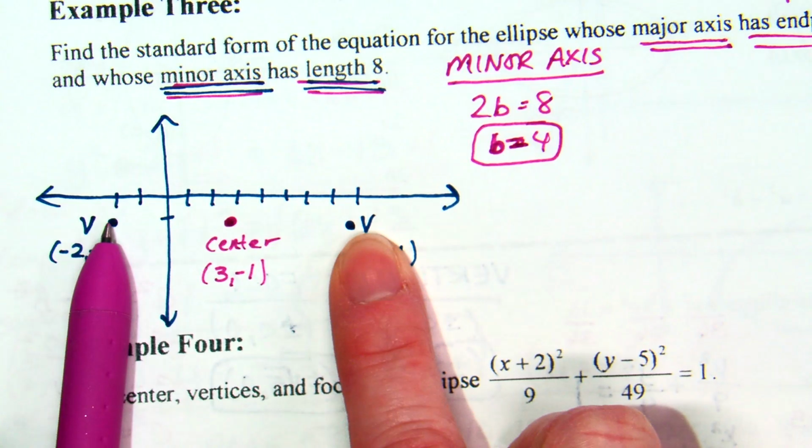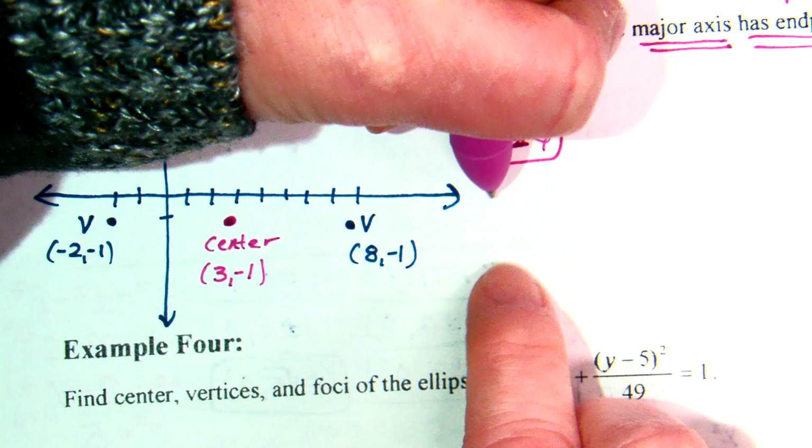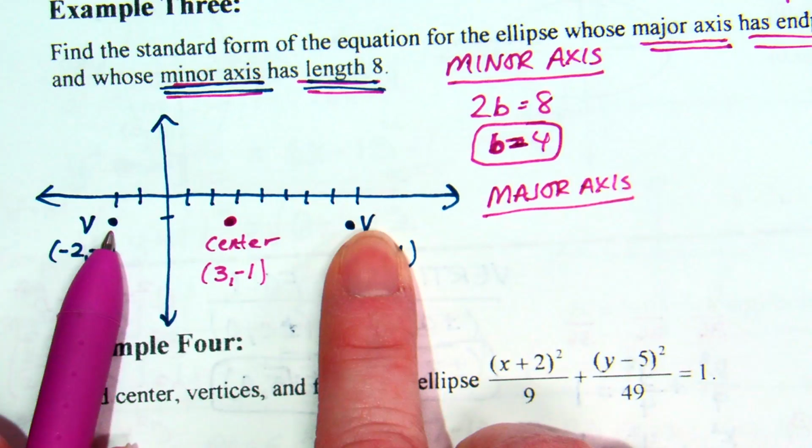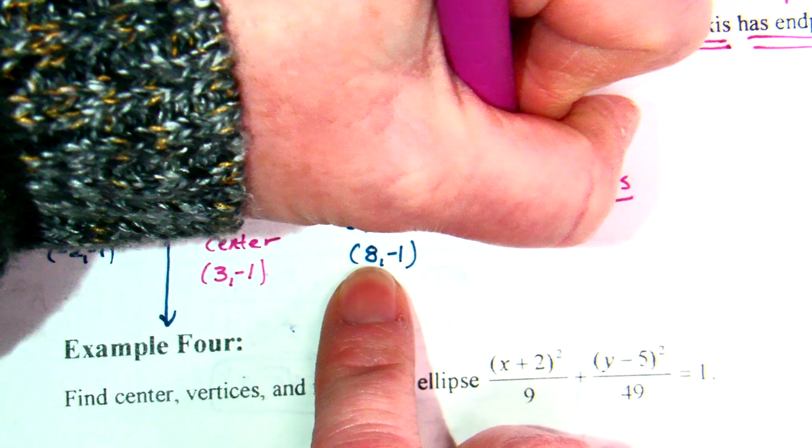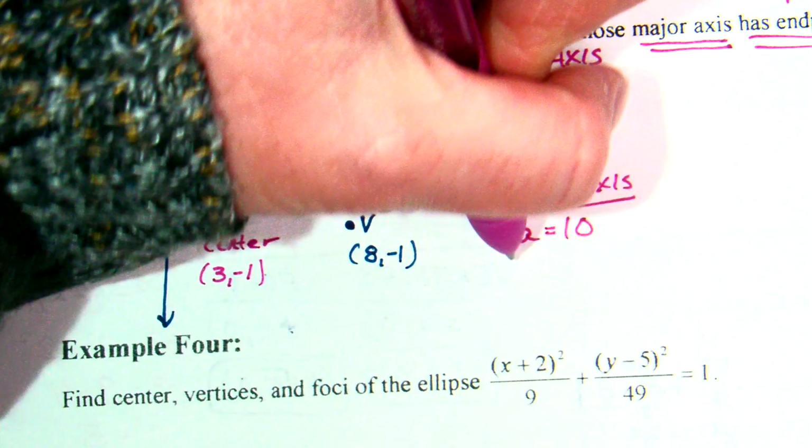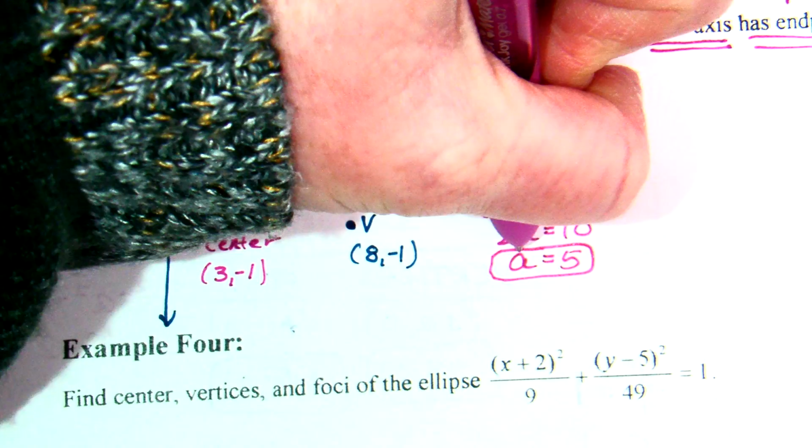So what I'm trying to say here, the major axis endpoints were 10 apart from each other. From vertex to vertex is a distance of 10. So major axis is 2A. If 2A equals 10, then our brilliant math skills say A equals 5.